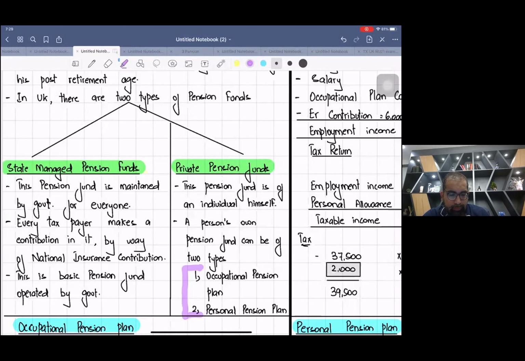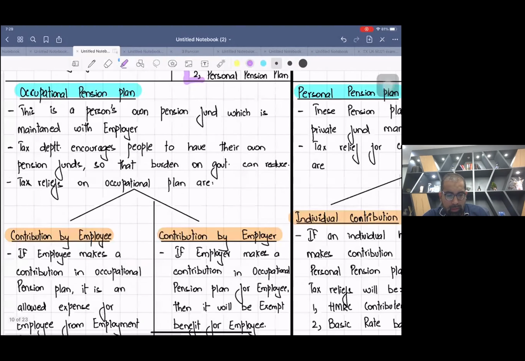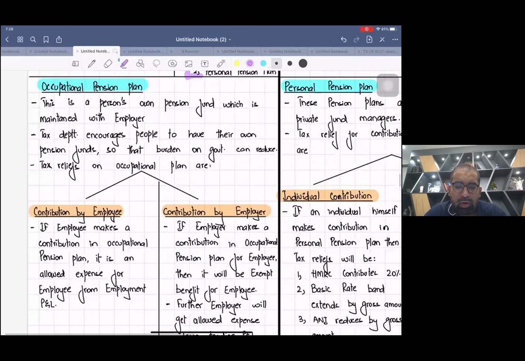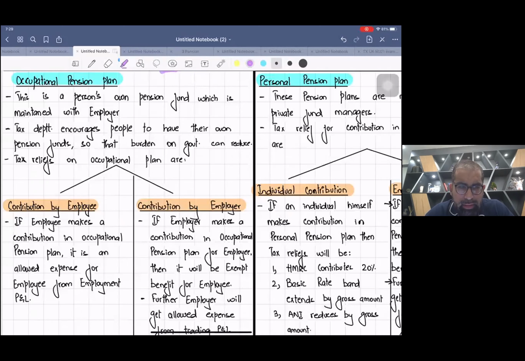Next. Now, occupational pension plan. This is the plan which is maintained by your employer, and this is totally connected to employment income. Now go very simple. Your employer also contributes in this, and employee also contributes in this.